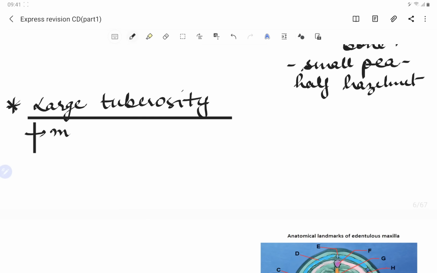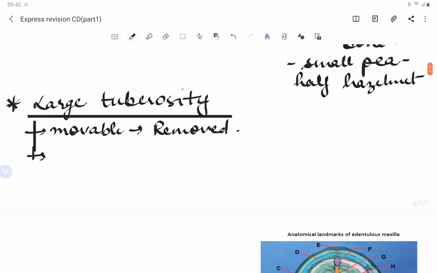One is when it is removed. So if it is movable, it should be removed surgically. And if the large tuberosity is bony and firm, then we can use it for the stability of the denture.